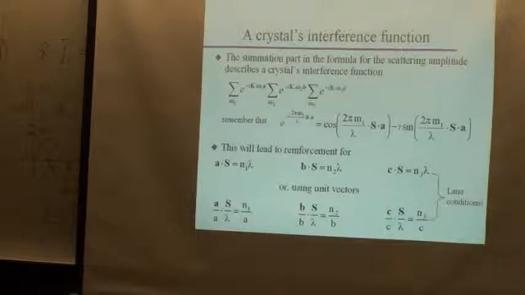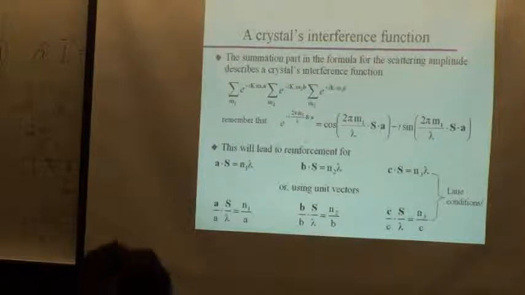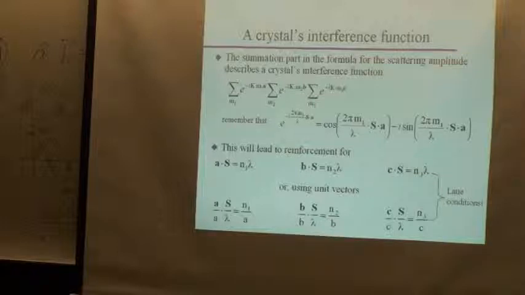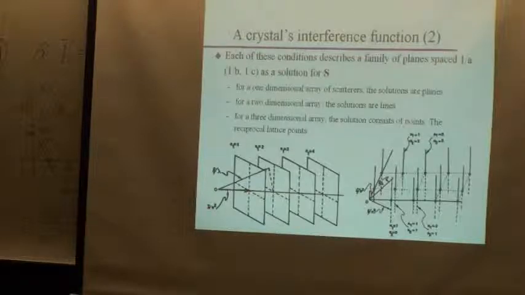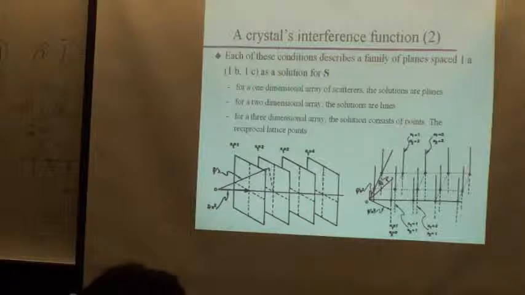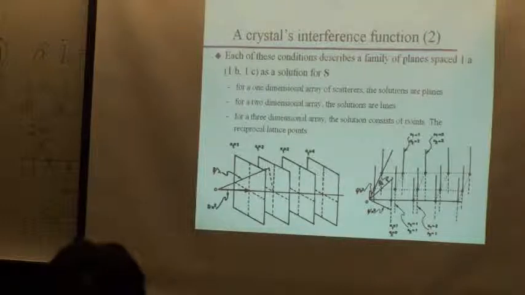n1 over a. This is a unit vector in the direction of a, and you take the projection of the vector s over lambda onto it. You get this series of planes. So that first equation, the solution of that first equation is a series of planes. If you had a one-dimensional crystal, this is where you would see intensities. Okay?